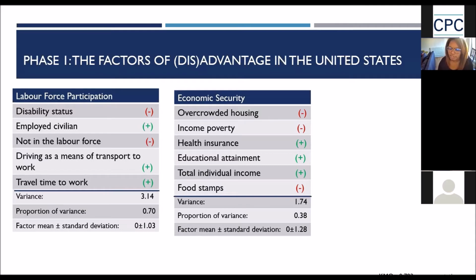Due to the relationship of these variables, I called this factor economic security, and I thought about giving it this name after I read a paper from the UN.